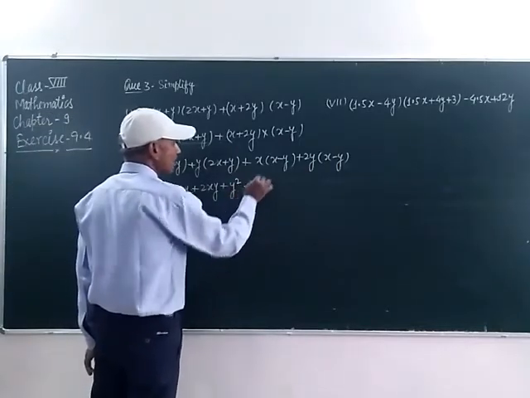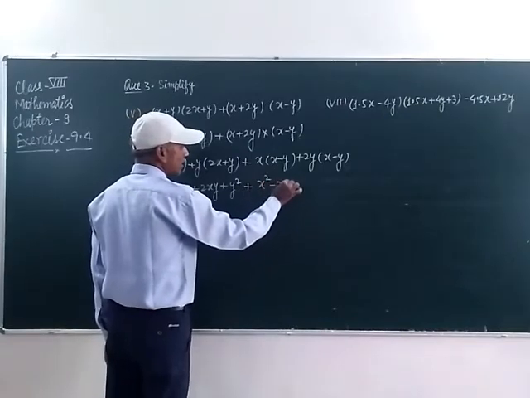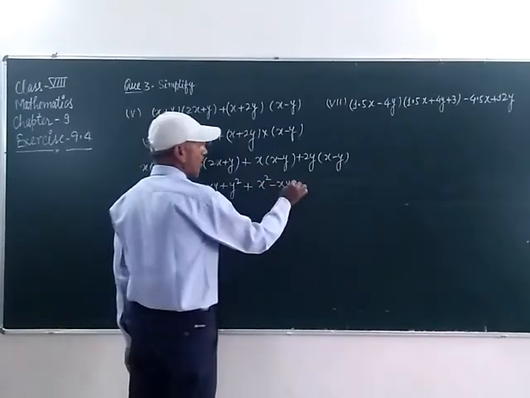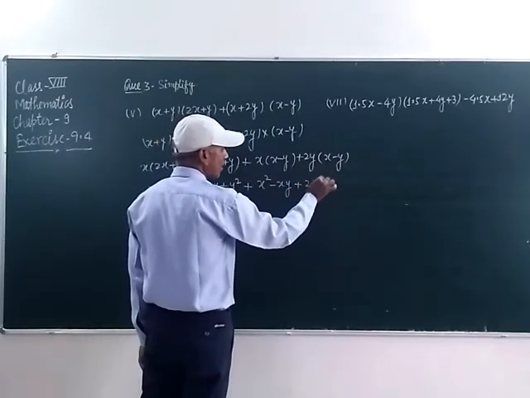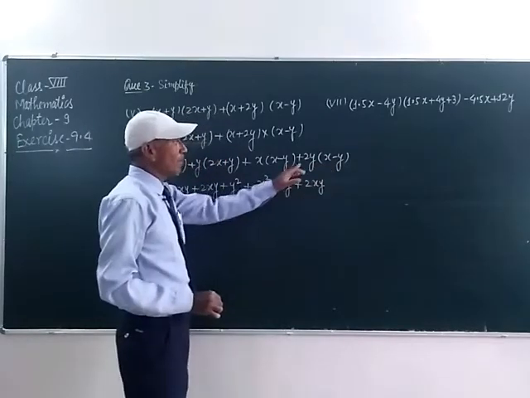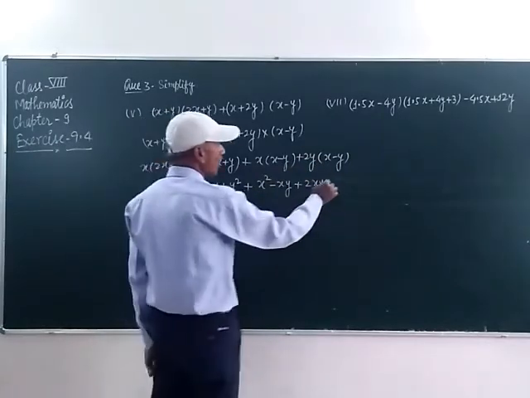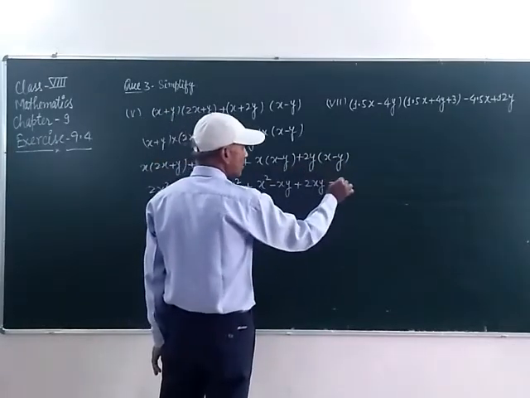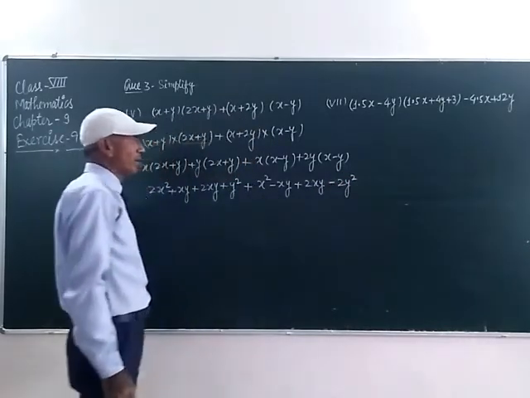And in this, x² minus xy plus 2xy after multiplying 2y with x, it will be 2xy minus 2y². Y into y, it will be y².